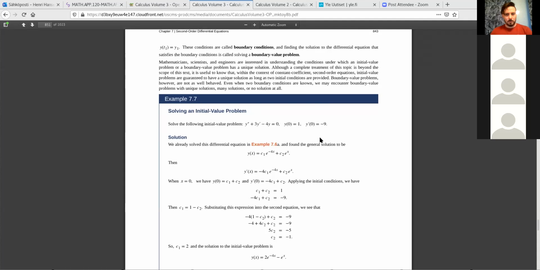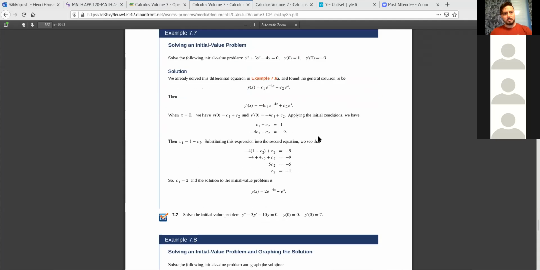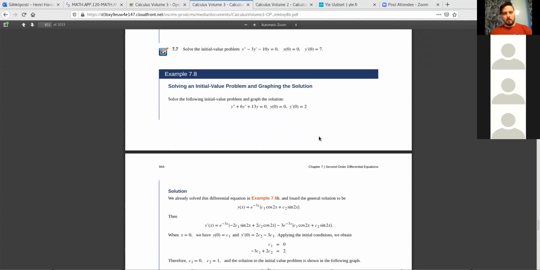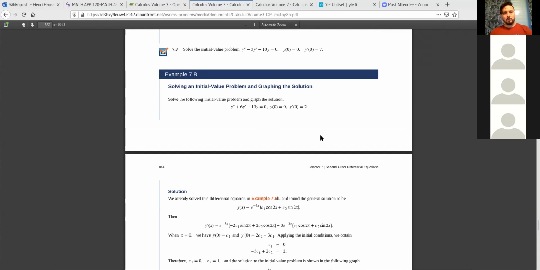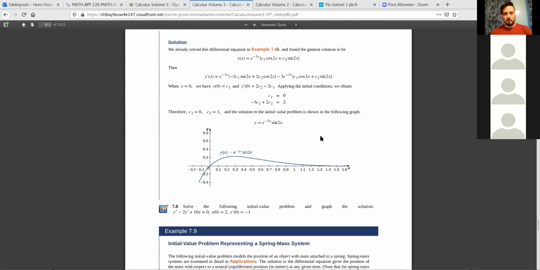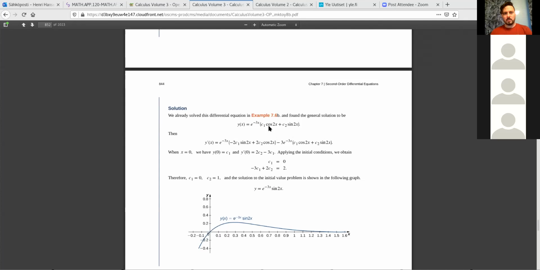Here are some examples I urge you to go through. We are shortly going to run out of time. There are situations where you can graph the solution. So here's an example of sine and cosine appearing. There's a complex solution.